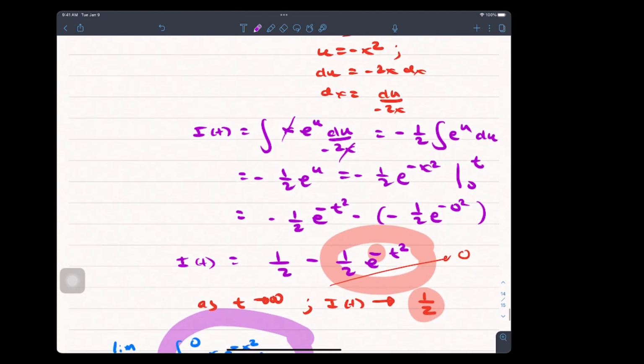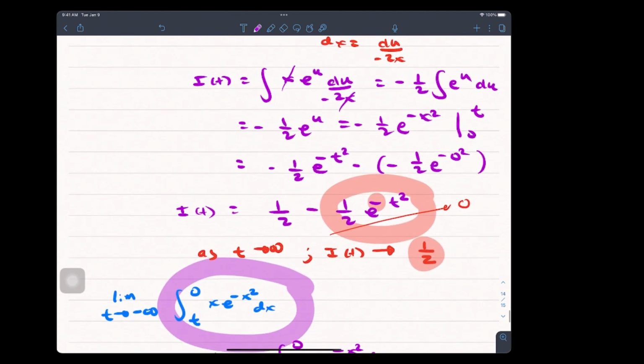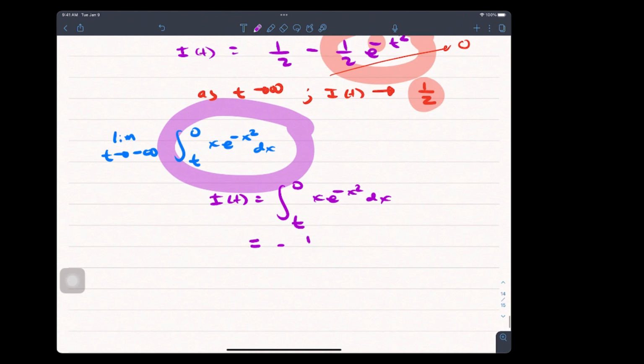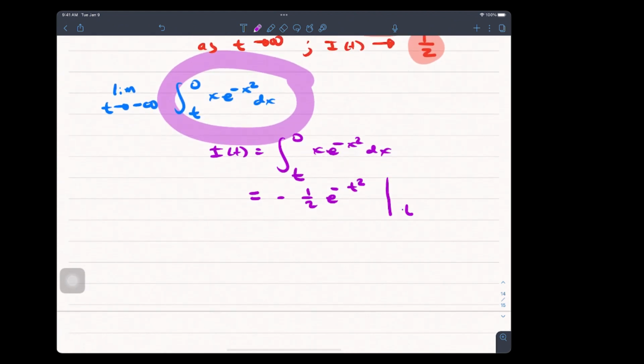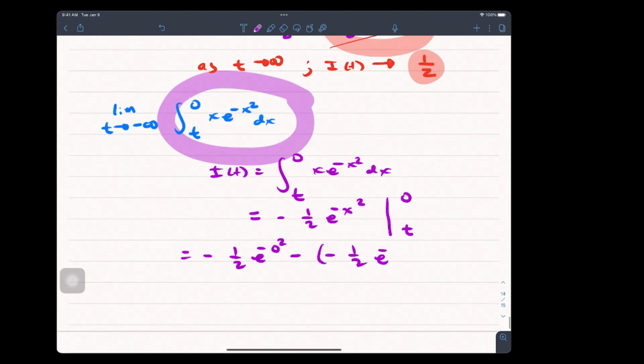So what did you get here? This is minus 1/2 e to the minus t squared. And we're going to get that from t to 0, which is negative 1/2 e to the minus 0 squared minus the negative 1/2 e to the minus, let me go back. Sorry. That should be an x squared. Let's double check.